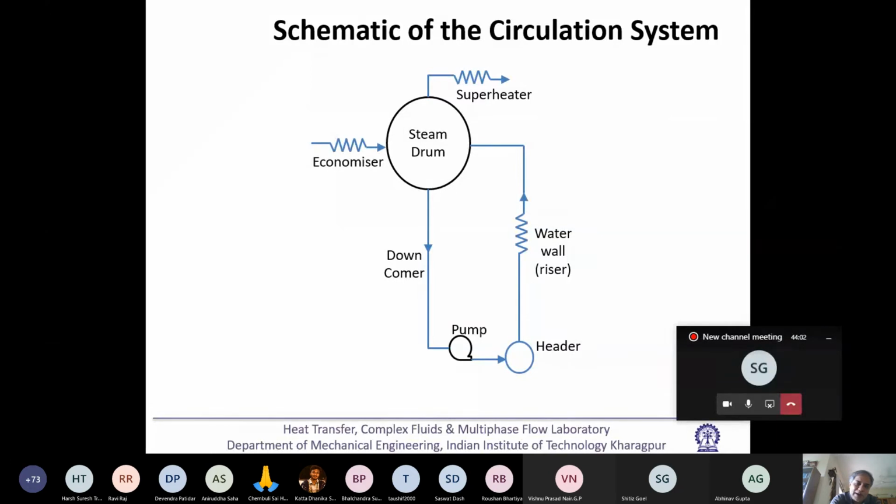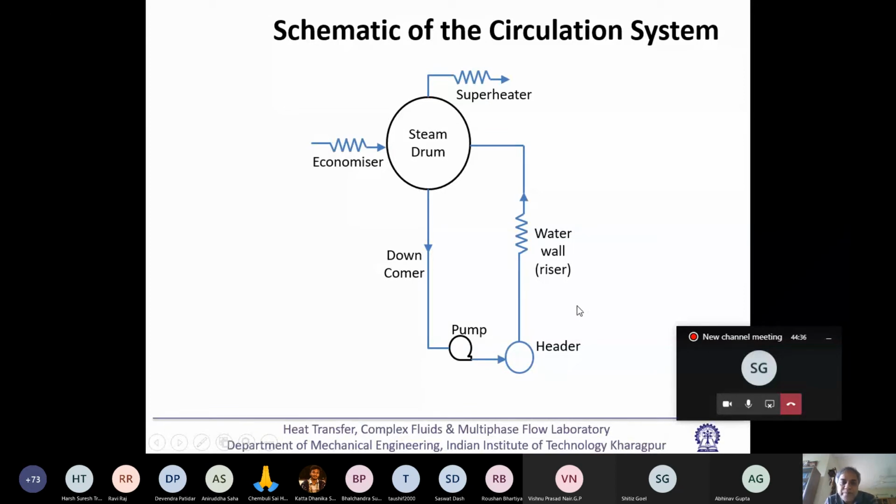Water from the pump is supplied to a horizontal pipeline of relatively larger diameter. From there, a number of risers will come. So the header is basically taking the water from the pump, and there is no single riser; there are a very large number of risers coming from the header.